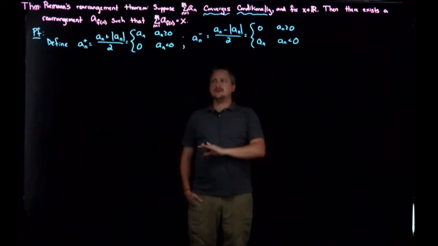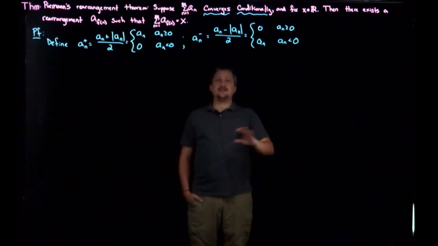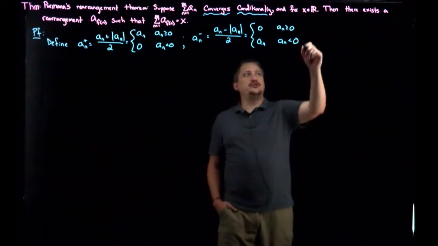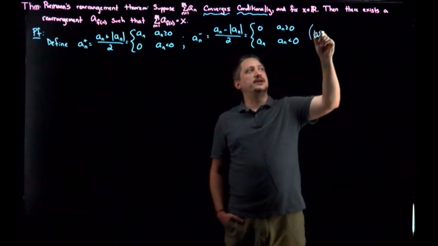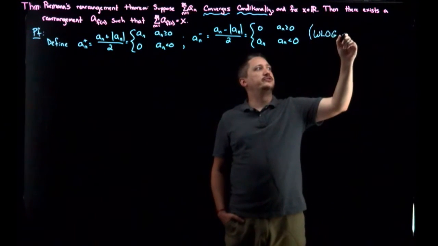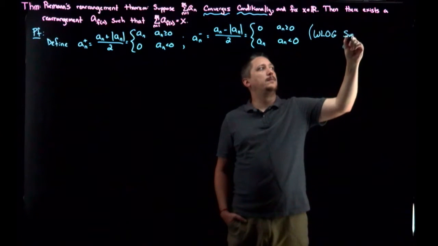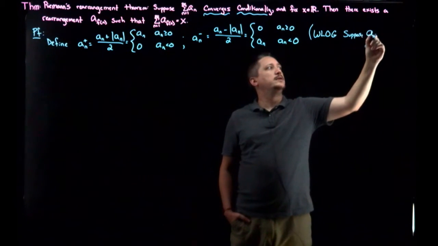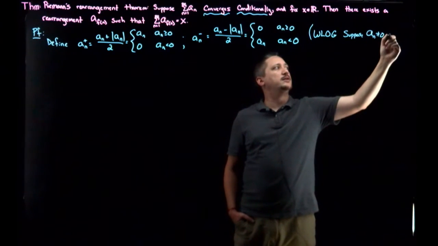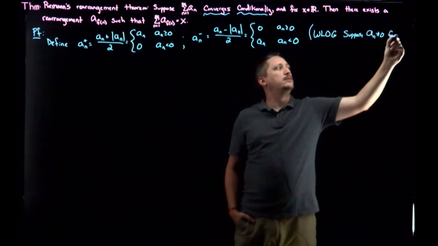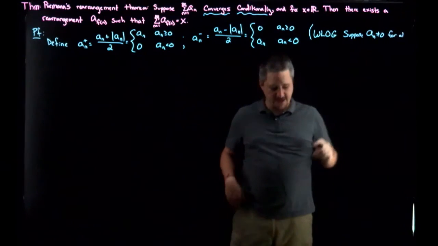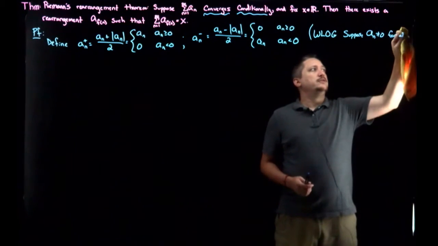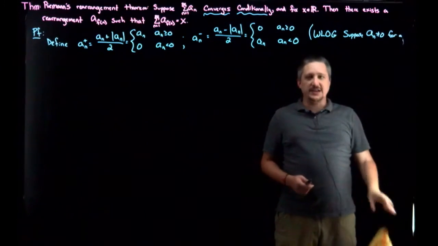Now, for the sake of clarity in the actual proof, I'm also going to, without loss of generality, suppose an is not equal to 0 for any n. If I'm adding 0, it's not going to be doing anything, right?